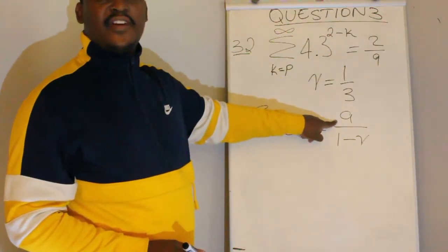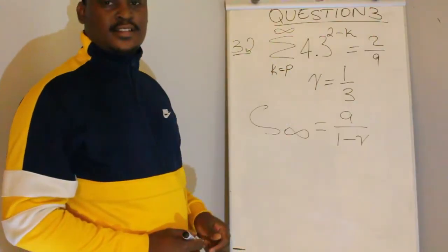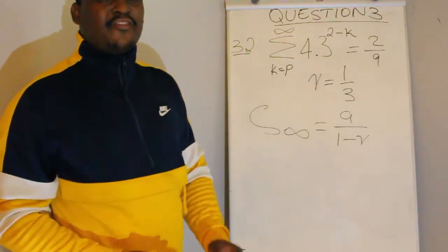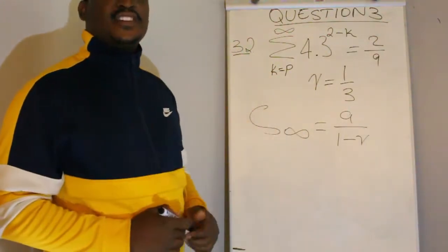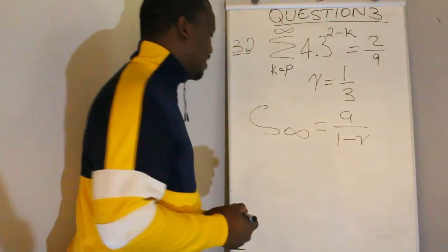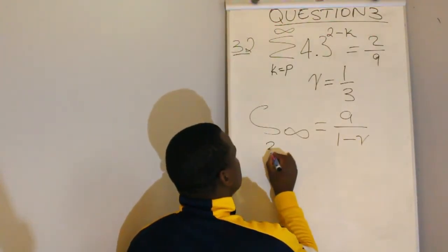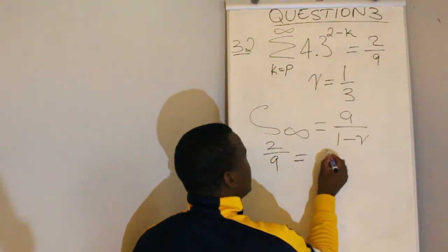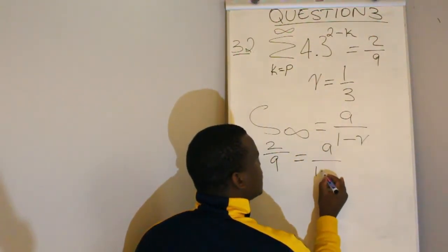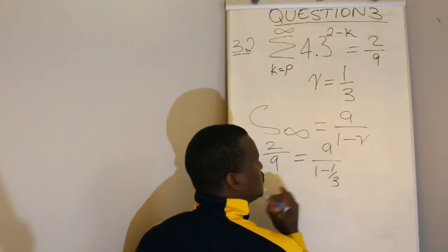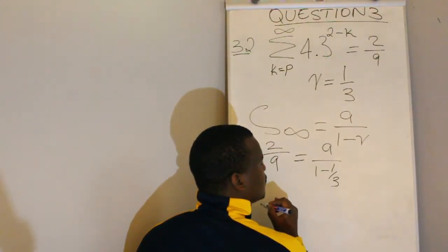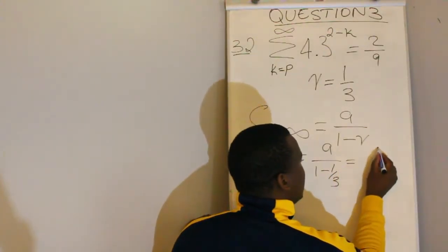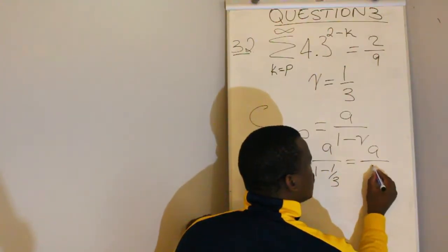What we don't have is the first term of this series. So the first thing that you have to do is to find the first term. So, let's work on that. The sum to infinity, 2 over 9, is equal to A over 1 minus 1 over 3, which is equal to A over 2 over 3.